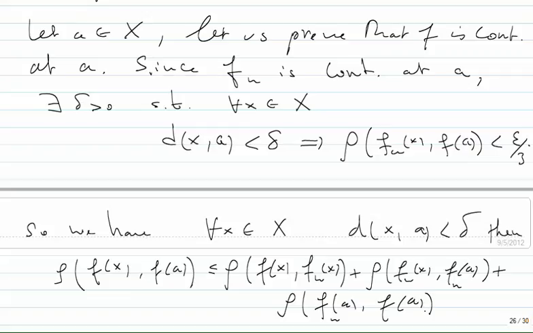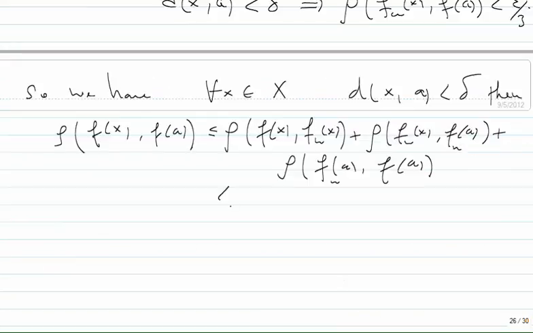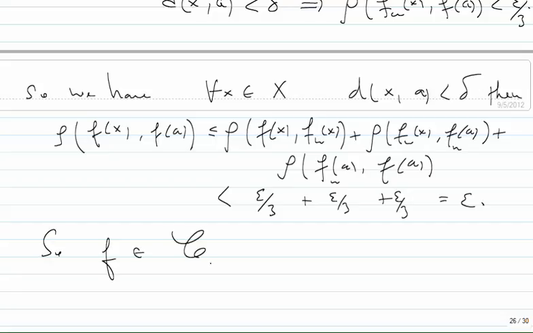Each one of them is less than epsilon over 3, which gives us epsilon. So this shows us that f is continuous. So bounded and continuous, f in fact belongs to CB of X, Y.